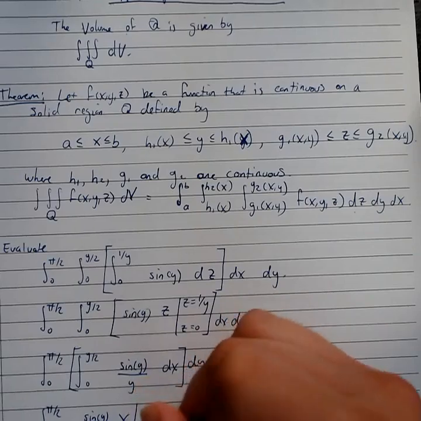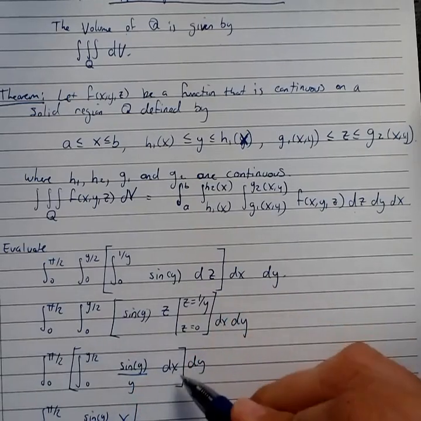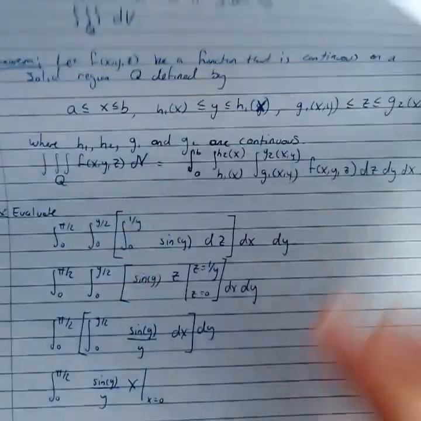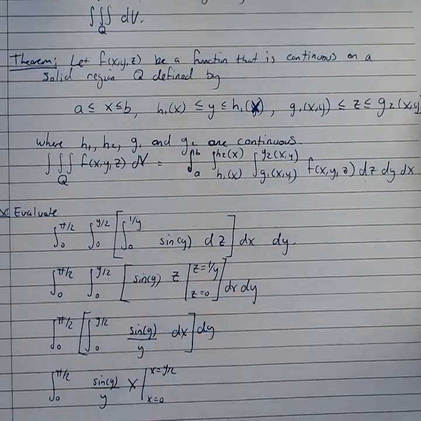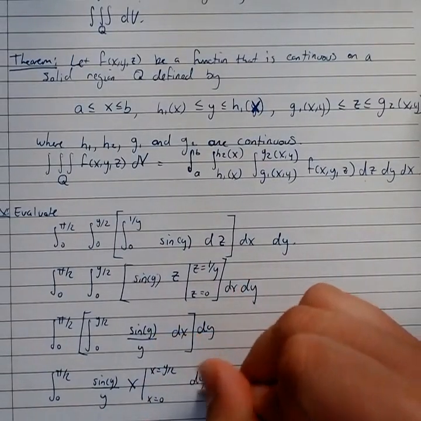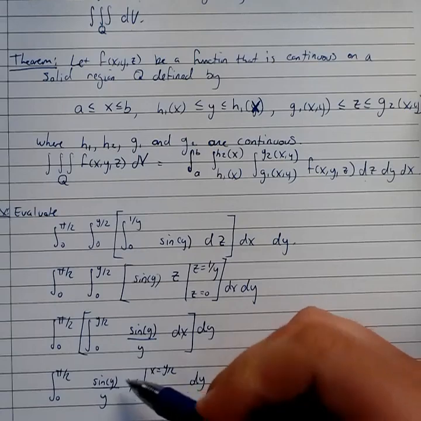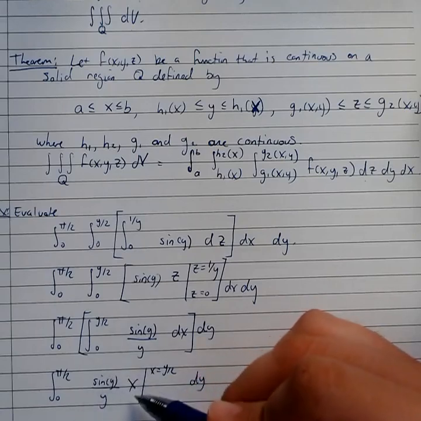And here we're evaluating this from wherever x is equal to 0. My variable of integration is x, so I'm evaluating where x is equal to 0 up to wherever x is equal to y over 2. Now, since x is equal to 0 here, anything times 0 is 0, so we don't worry about that.